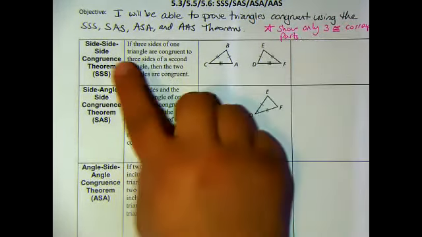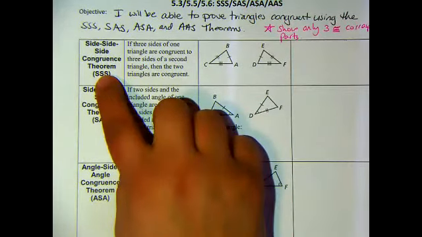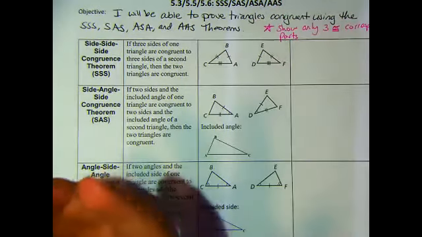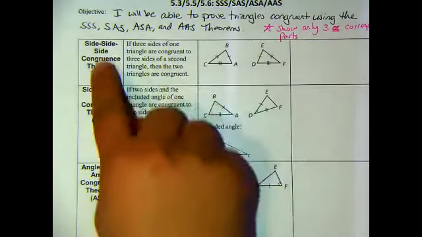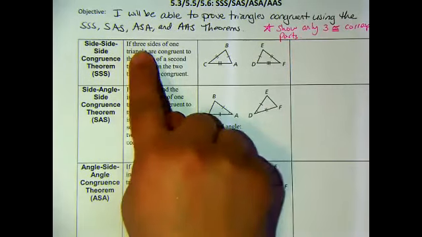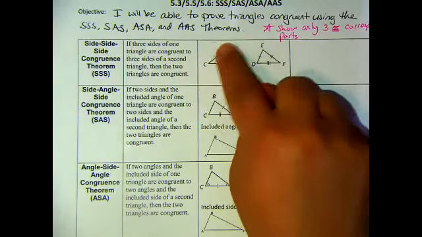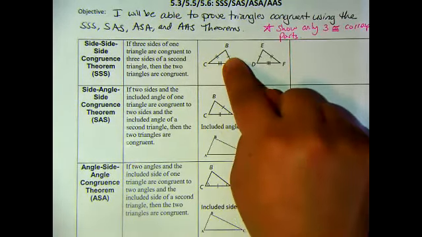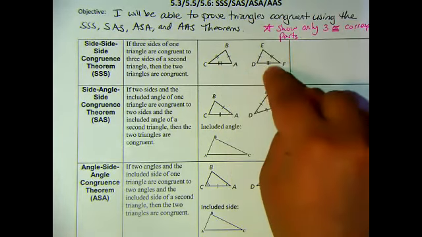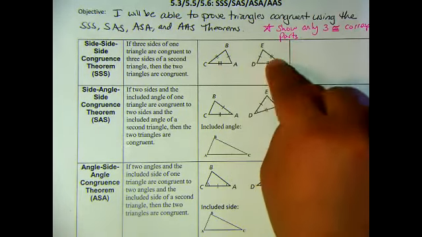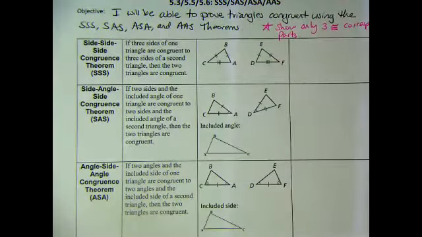So in order to use the side congruence theorem to show that two triangles are congruent to each other, meaning they are identical to each other, right? In order to use this theorem, I need to show that the three sides in one triangle are congruent to the corresponding three sides in the second triangle, okay?